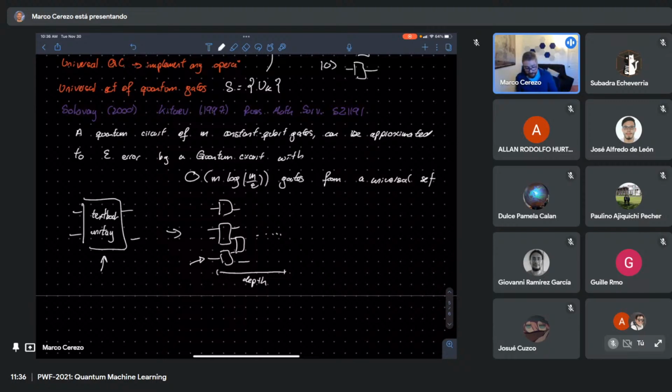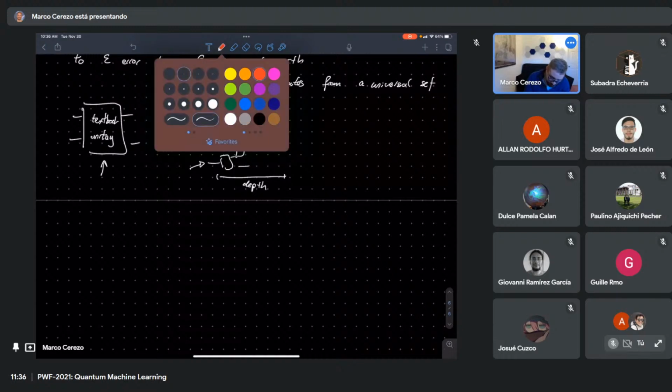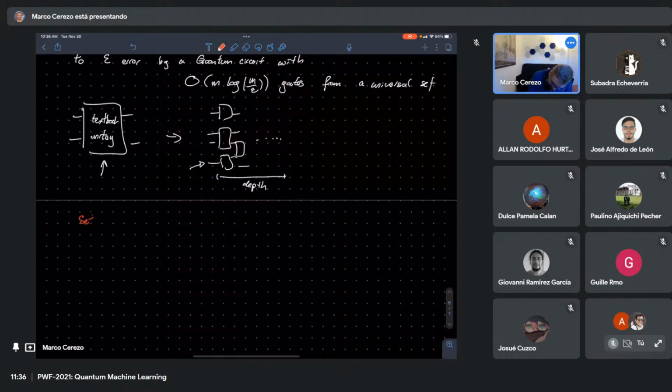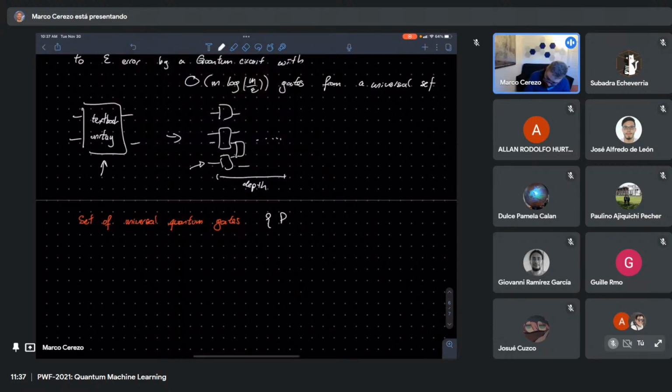And of course, a question you might ask is, what is a set of universal quantum gates? So the most famous set of universal quantum gates is going to be composed of single qubit gates: rotations about the x-axis, rotations about the y-axis, rotations about the z-axis.